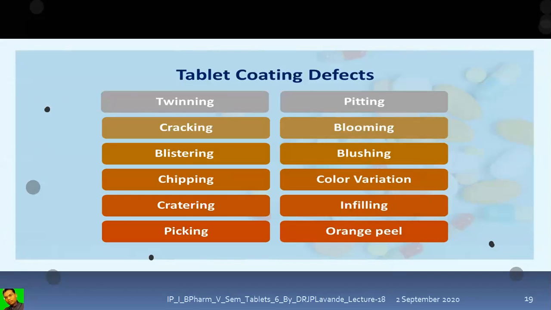So it is having various kinds of defects, and these defects can be summarized like twinning, cracking, blistering, chipping, cratering, picking, pitting, blooming, blushing, color variation, infilling, and orange peel. So all these are some of the defects that very commonly we are going to find in the coatings. Now what these are, how these will occur, and what are the remedies for that we will see one by one.